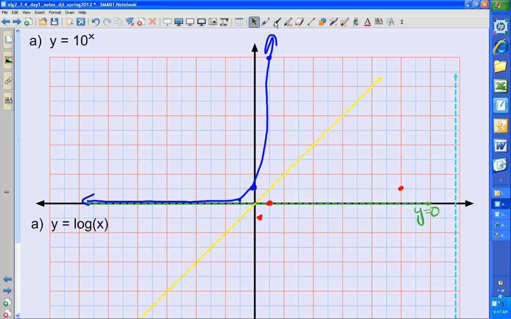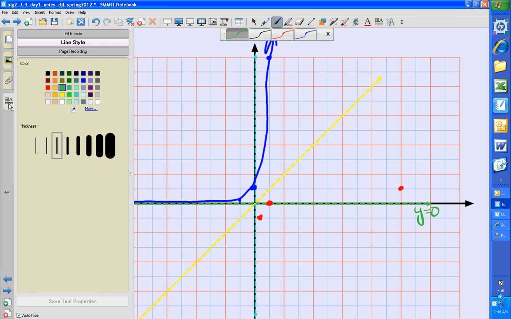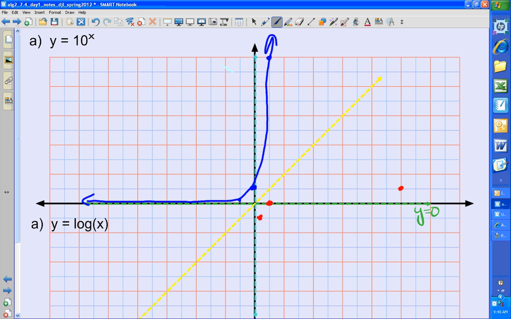So you will get a vertical asymptote for a log function. So your horizontal asymptote of y equals 0 will become a vertical asymptote of x equals 0.